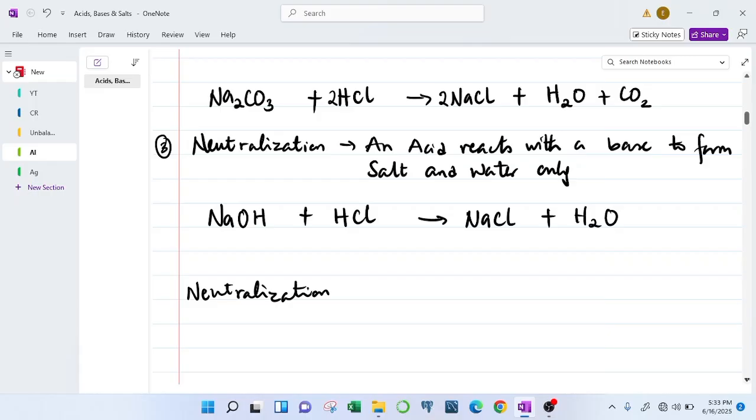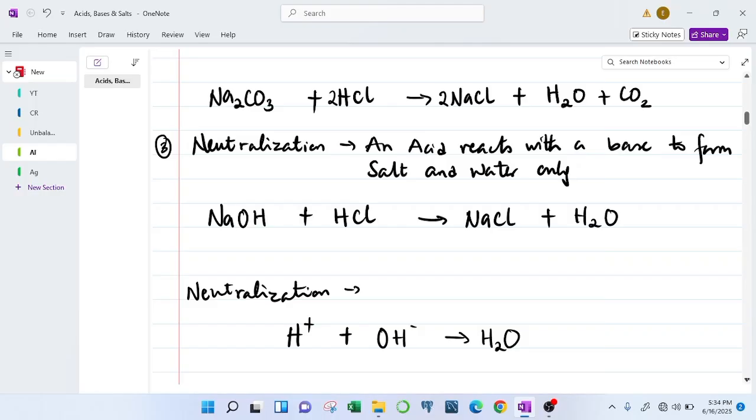So what does that tell you? It is the acidic part. And what makes something an acid? The hydrogen. It is being neutralized by the basic part. And what makes something a base? Production of hydroxide ions. So therefore, somebody can simply say that neutralization is the reaction between hydrogen ion and hydroxide ion to give water.